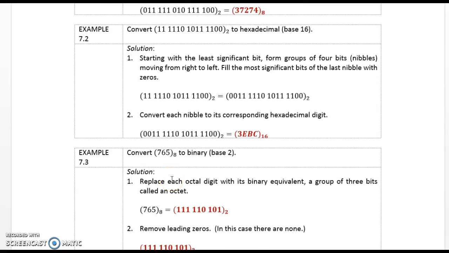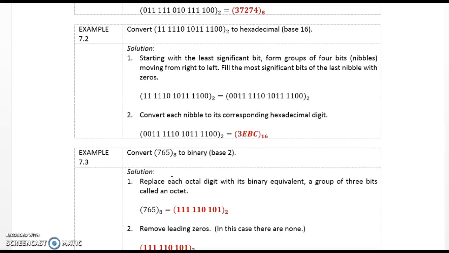Now convert 11, 1110, 1011, 1100 to hexadecimal base 16. Again, starting with the least significant bit, form groups of 4 bits called nibbles, moving from right to left. Fill in the most significant bits of the last nibble with zeros. So you can see that it's the same as before.